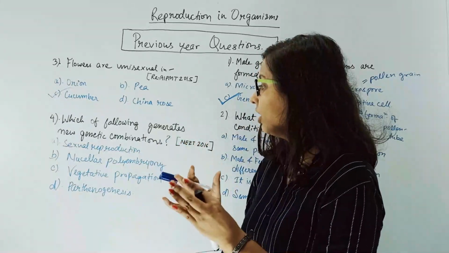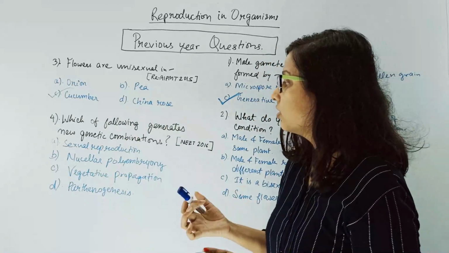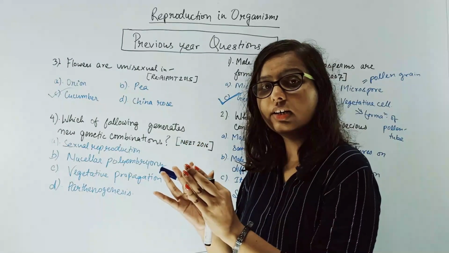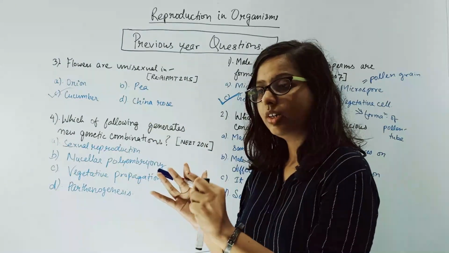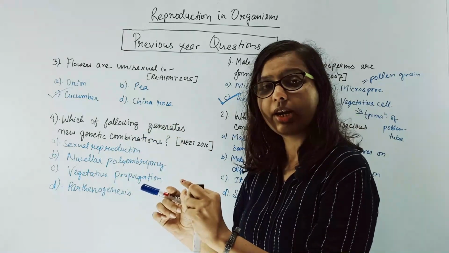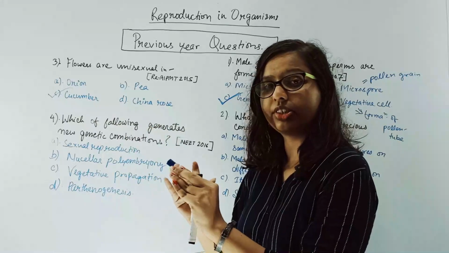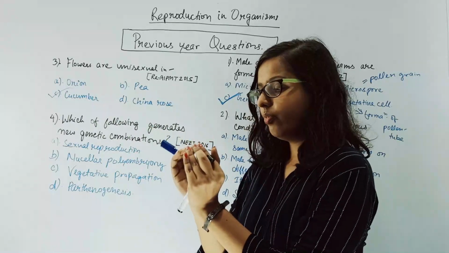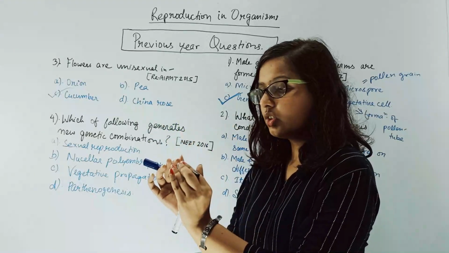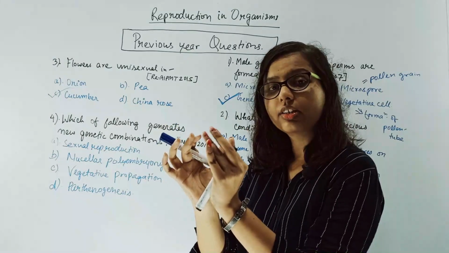So this is the phenomenon in case of sexual reproduction. When the zygote is formed, that zygote contains genes from the male gamete and also genes from the female gamete. When I compare the genes of the zygote with the male gamete, it is different because it also has the female genes.